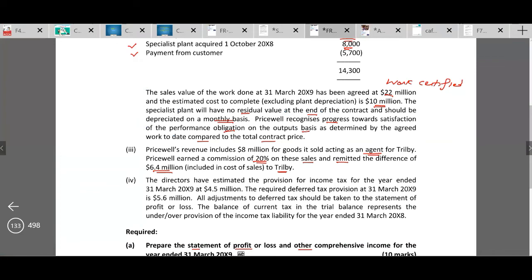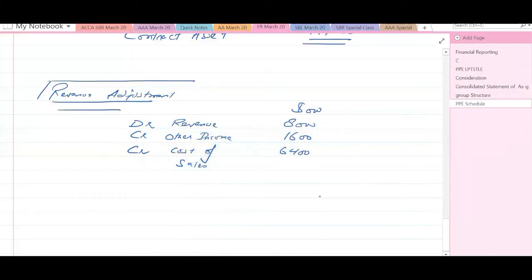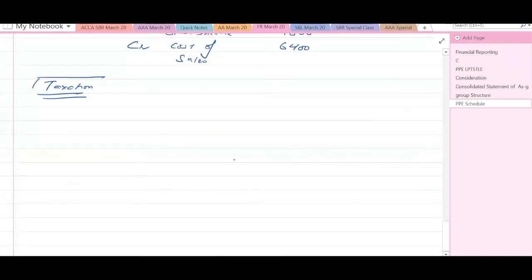And the last working. The directors have estimated the provision for income tax. Is this the required deferred taxation? Is this all adjustment to be taken in the statement of profit or loss? That's fine, it's an easy adjustment. Taxation. Already you did it when we were doing IAS 12.